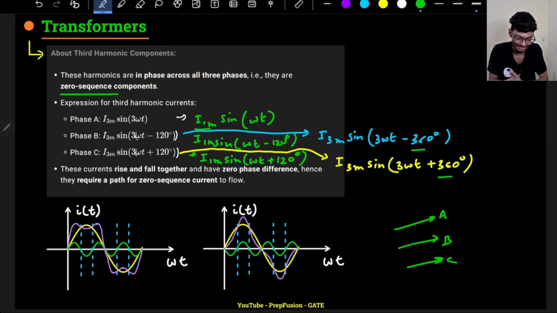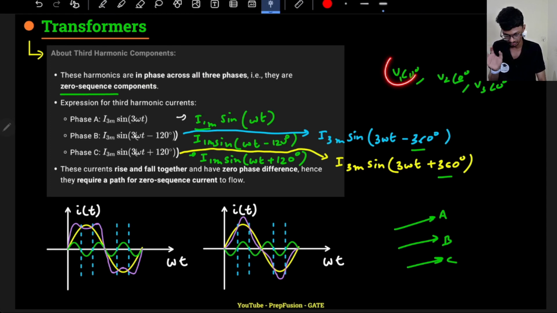This we will study in the PSA, power system analysis. Zero sequence means that there is no phase difference. So V angle 0, V1 angle 0, V2 angle 0, V3 angle 0. Basically they are constant values, right? There is no phase shift. These are constant values, like in magnitude terms.